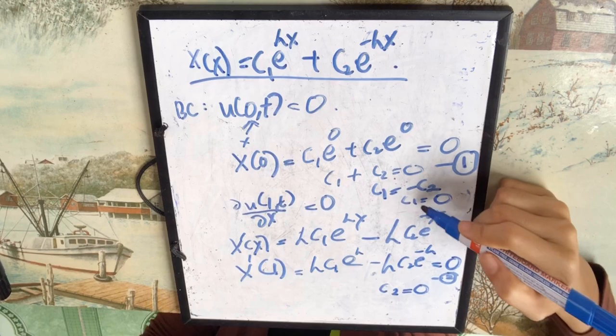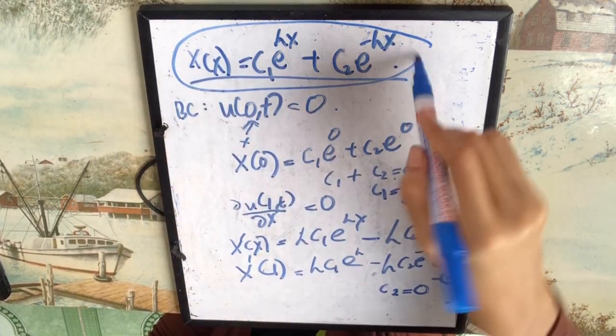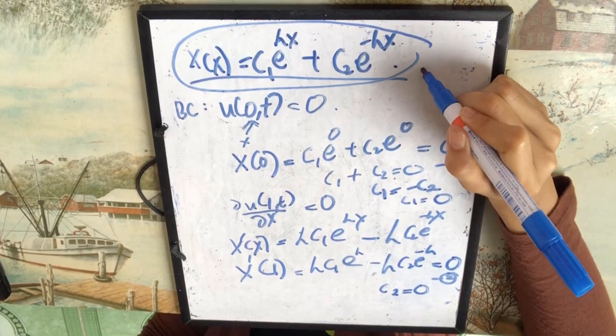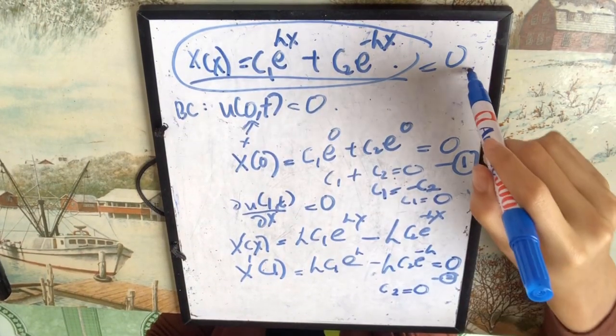Since C1 is 0 and C2 is 0, your x equation equals 0.